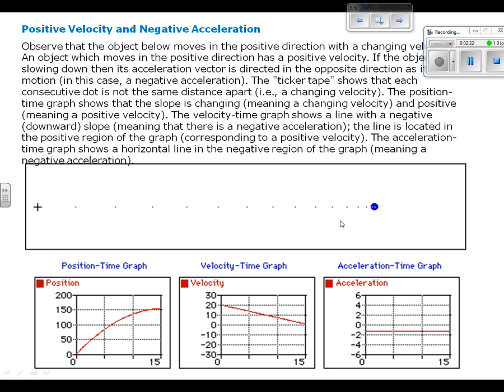We can see that it's slowing down because the dots are getting closer, which means that the position time graph is steep at the start, and then it flattens off, because it's slowing down. The velocity starts at a high rate and goes in a steady straight line down to 0 because it stops. And then the corresponding acceleration is flat, because it's the slope of the velocity time graph.